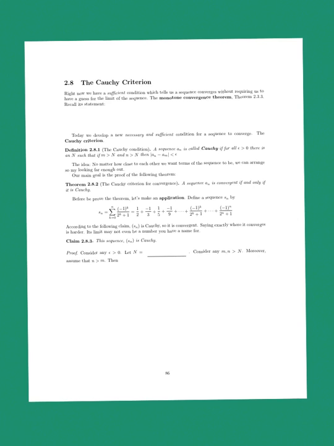The proof of that, which we will do in this class, it'll be an optional section, but I will actually cover it. That result is true because of the Cauchy criterion.